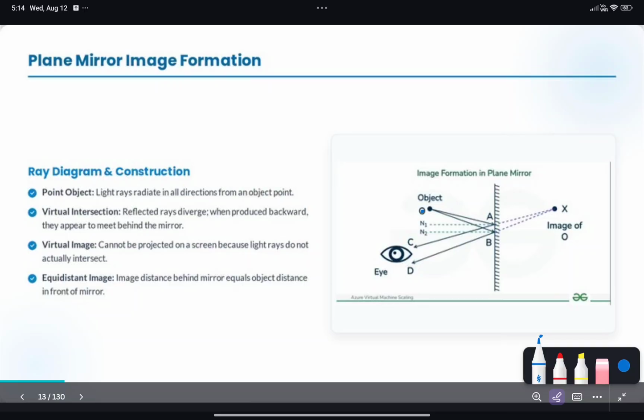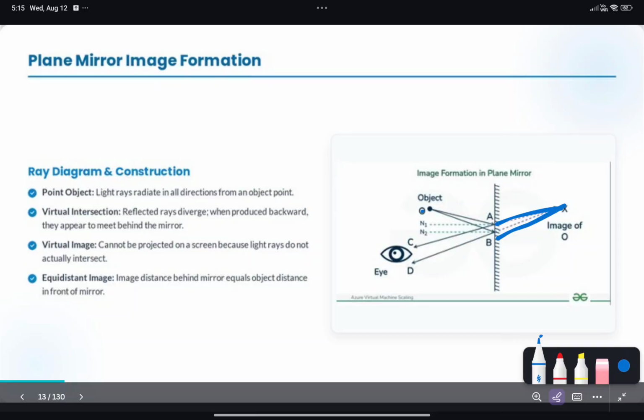These are the reflected rays. These simply diverge. When produced backward, they appear to meet behind the mirror. What type of image is formed here?